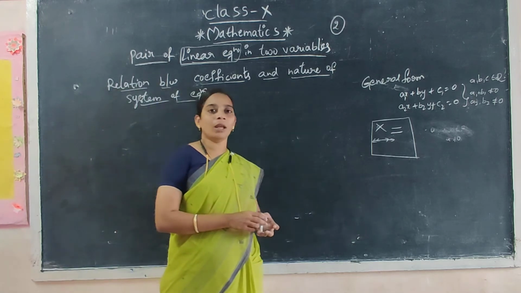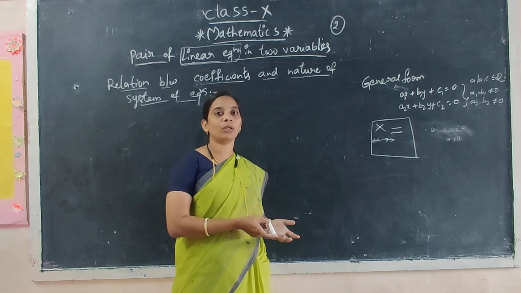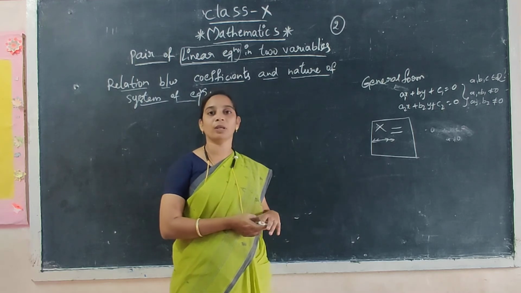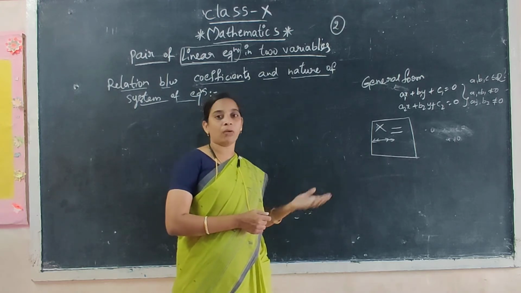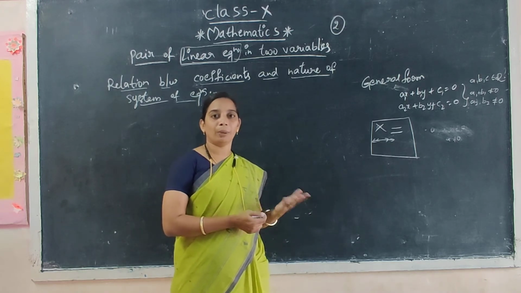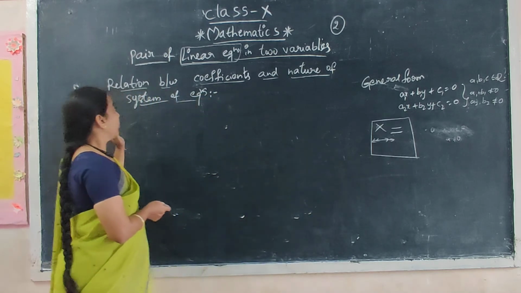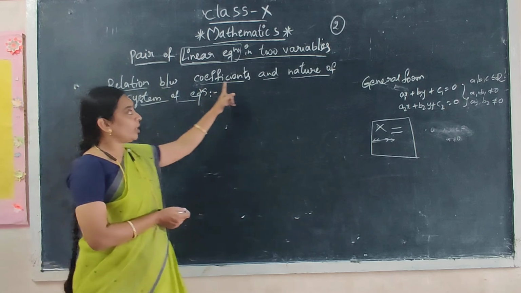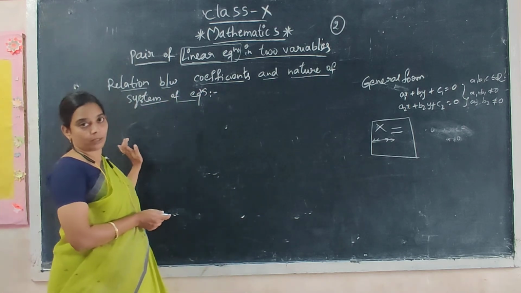Without doing the graph also, we can conclude beforehand what type of lines we will get. So how do we know before drawing the graph whether the lines are parallel, intersecting or dependent? Let us discuss the relation between coefficients and the nature of the system of equations.